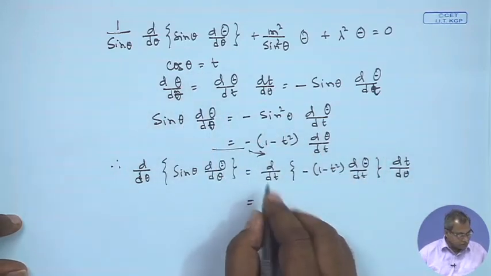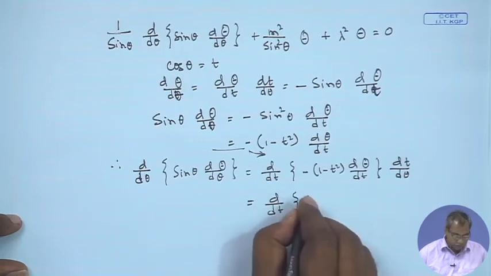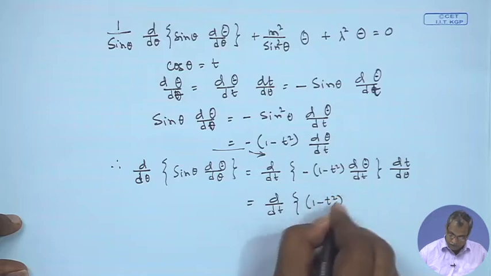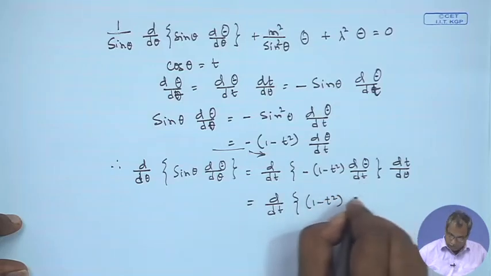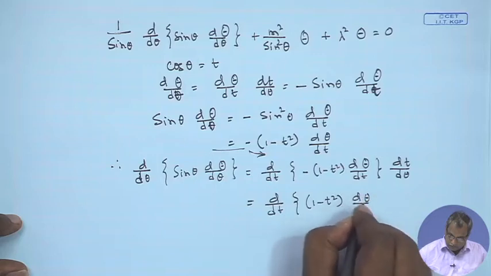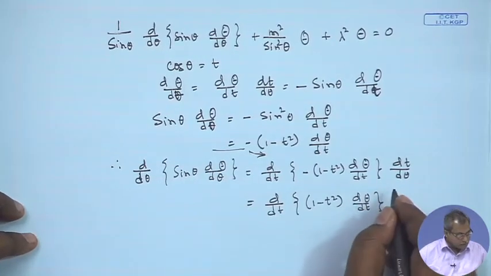So this becomes d/dt of 1 minus t square d Theta/dt, the minus will be consumed, and this will be sin theta.